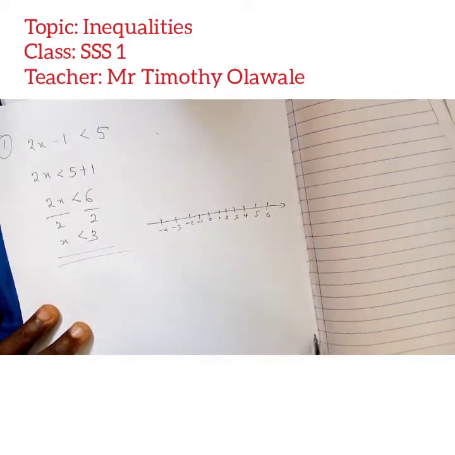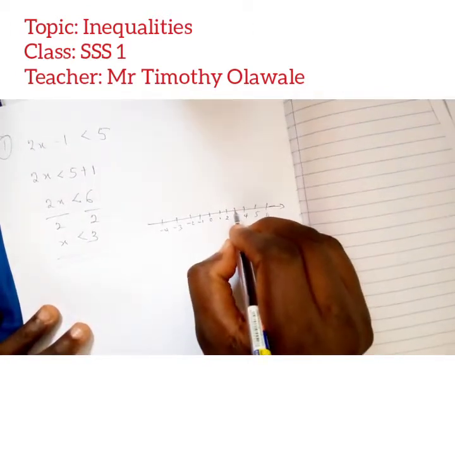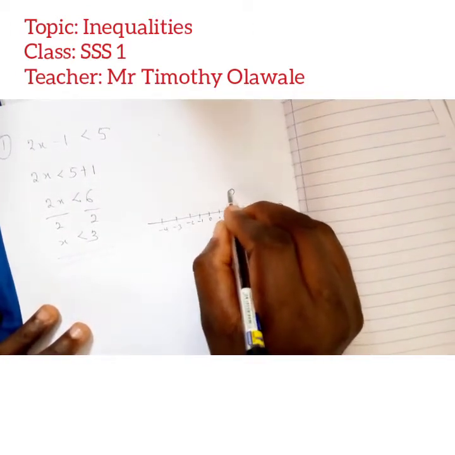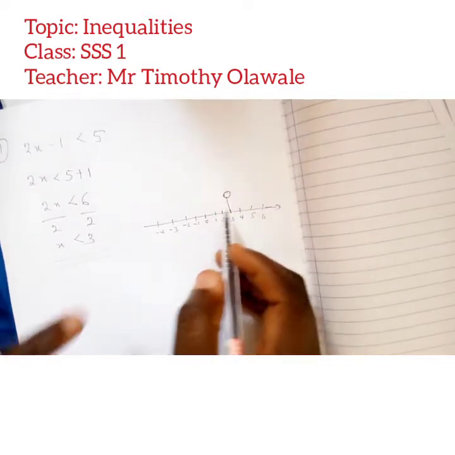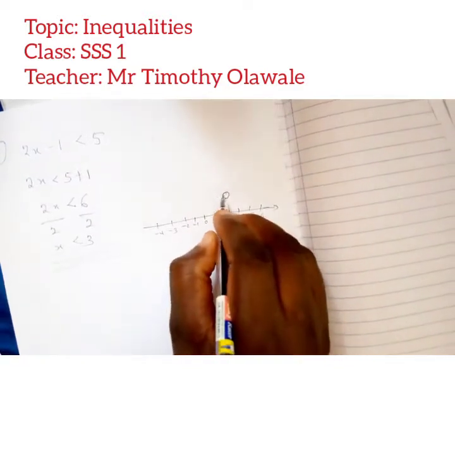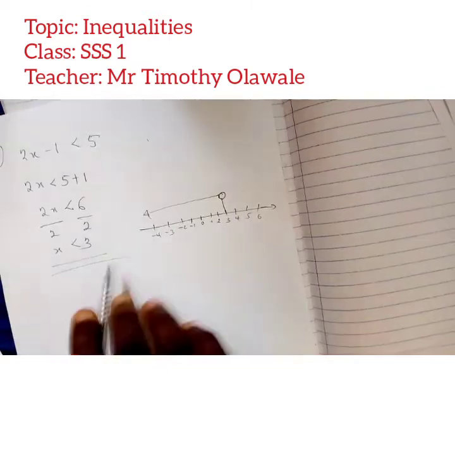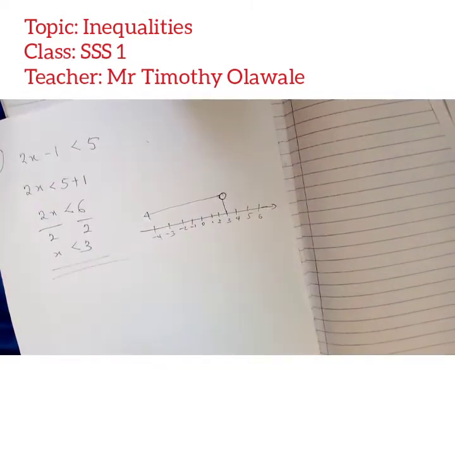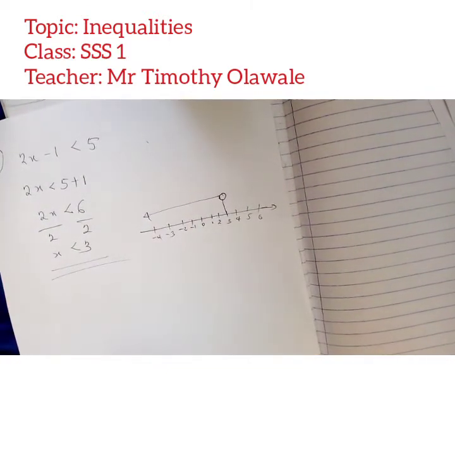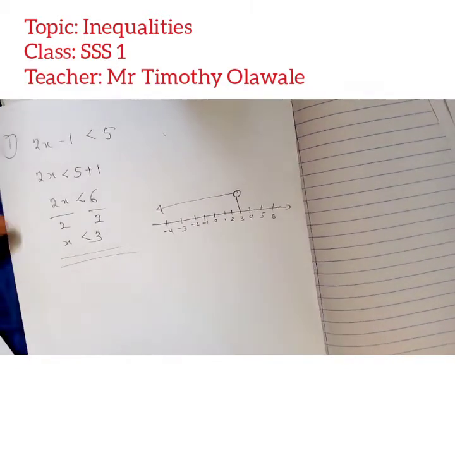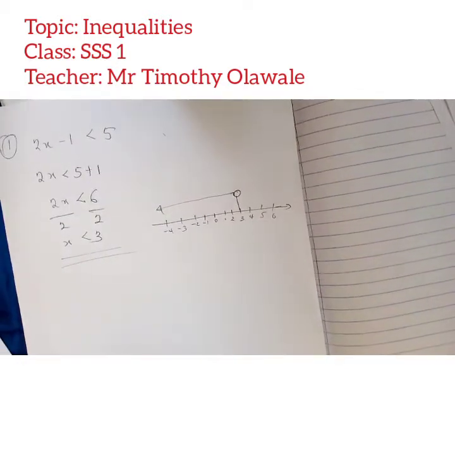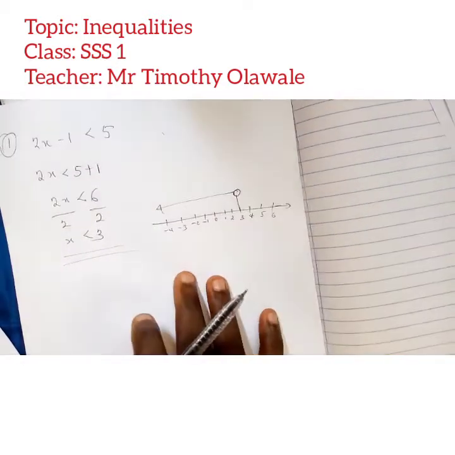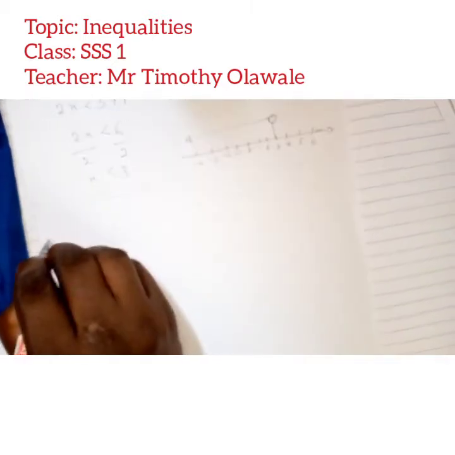This is a number line, and x is less than 3. Because it is less than, it goes to the other side. Anybody that sees this knows that this is x less than 3. It is a graphical representation of the answer that we got. Is that clear?